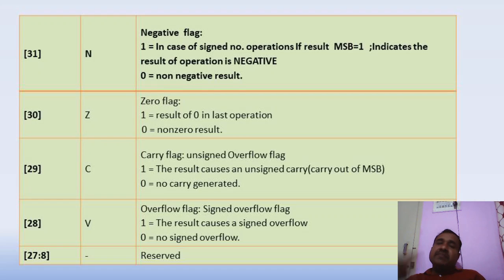That means a carry out has been generated from the MSB. So during unsigned operation, the carry flag is set. If this bit is 0, that means no carry has been generated.